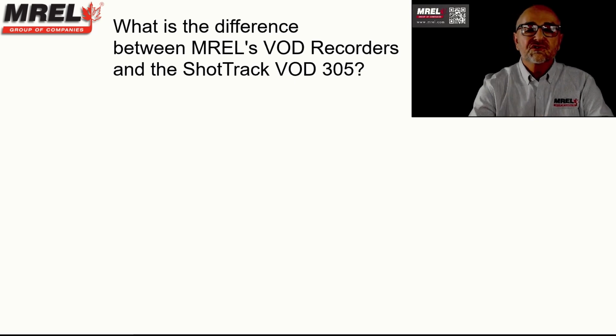The user of the ShotTrack VOD 305 must calibrate the VOD cable being used before each test. This is to determine or confirm the speed of the ShotTrack VOD 305's signal in the cable, as discussed earlier.